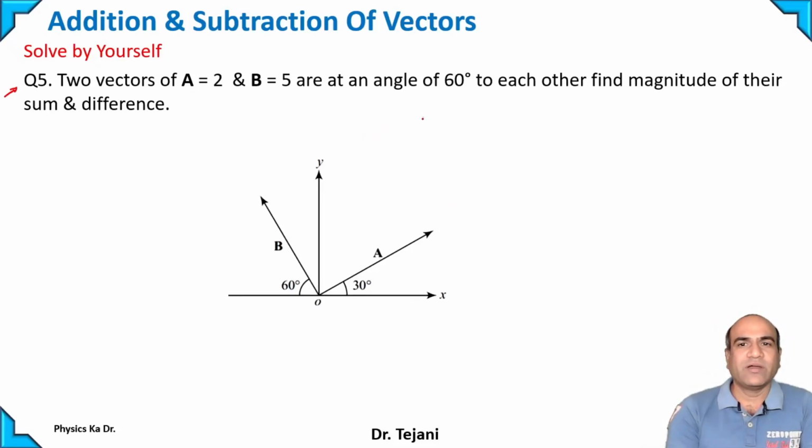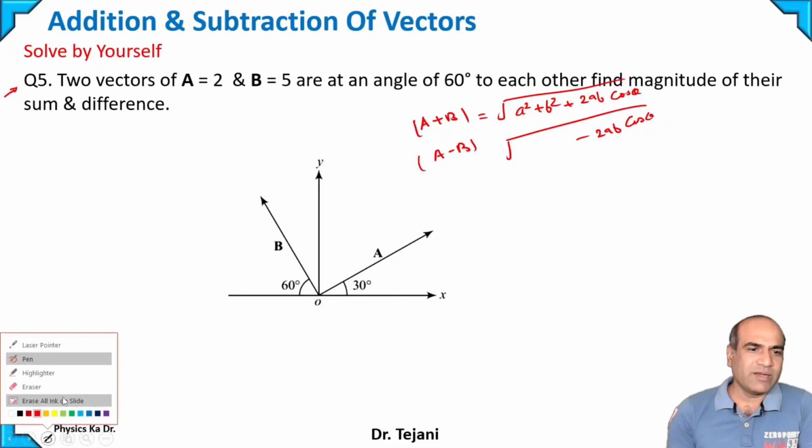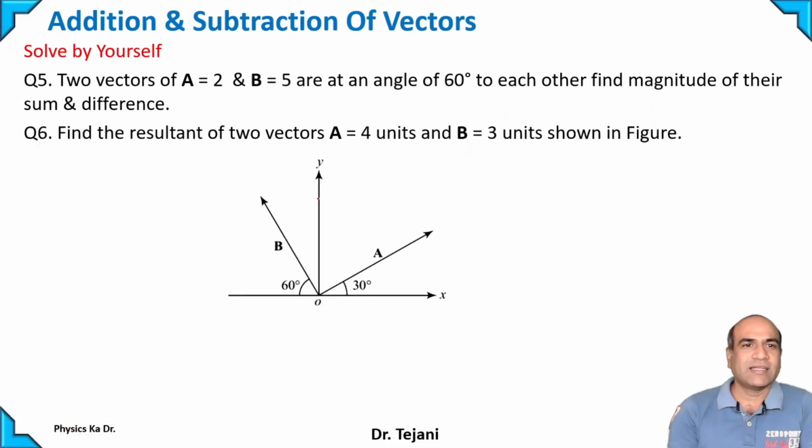You can have the A plus B equation as well as the A minus B equation that we already know. Under root A square plus B square plus 2AB cos theta, and for the difference it just becomes minus 2AB cos theta. Very simple. You solve this and comment your answer in the comment section.